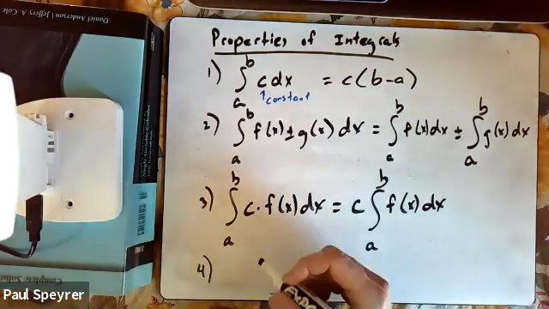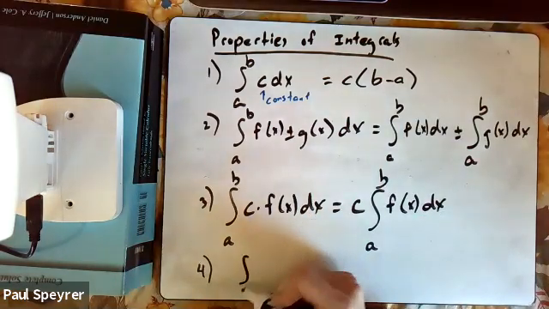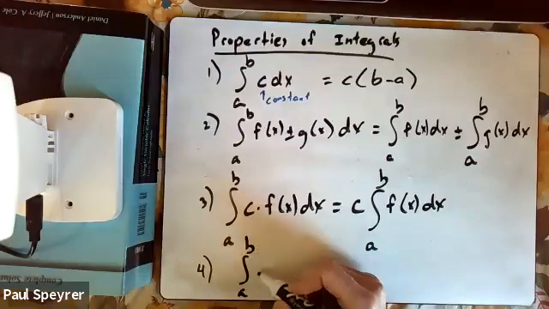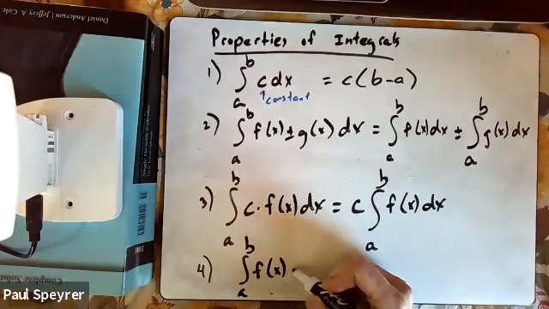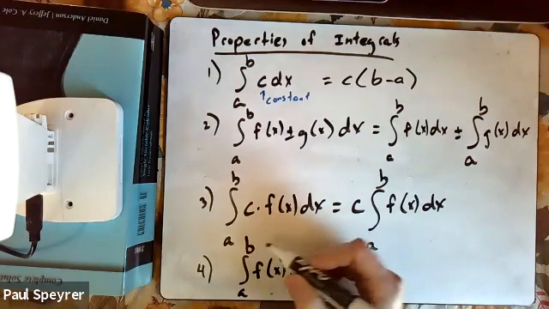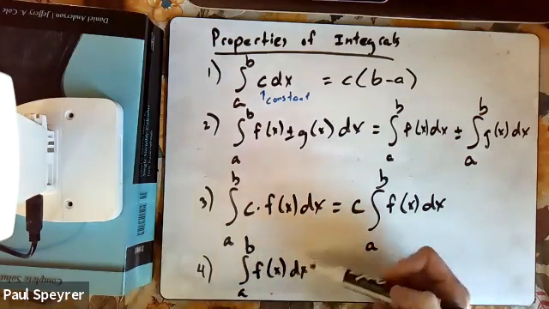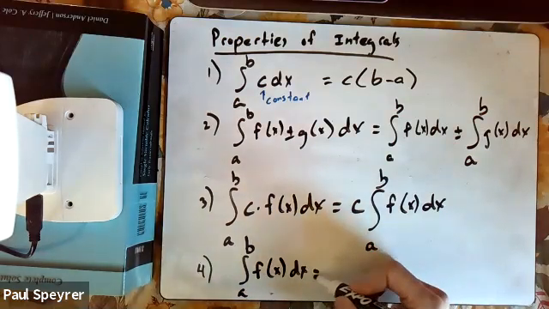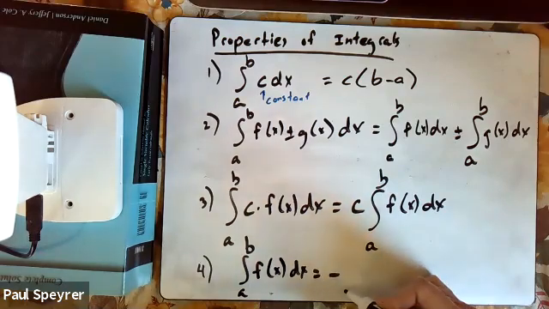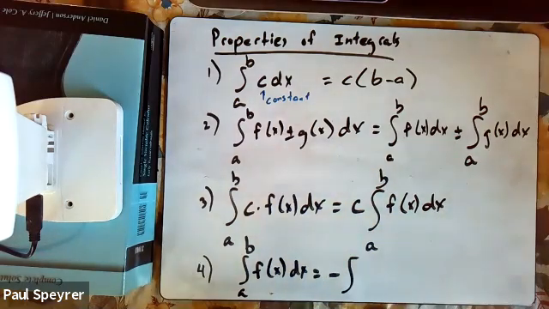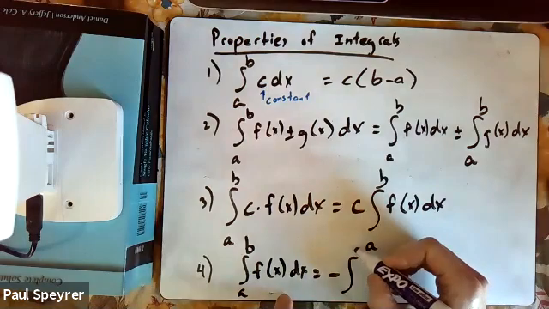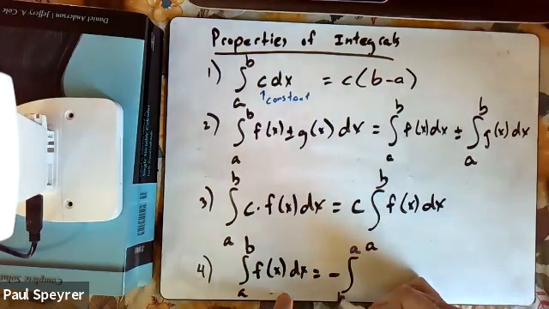And another property that you can use, but it's very uncommon that it pops up, is that let's say I have this integral from, again, a to b of f of x dx. If you throw a negative sign out in the front, doing so reverses the order of your limits.